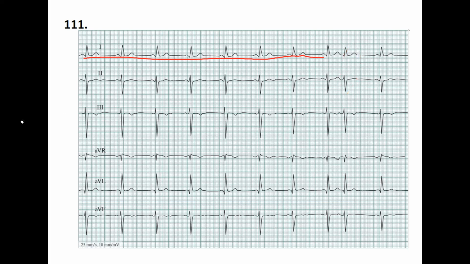Okay. Now, what is the heart rate? How many squares do you have? Let's see. 1, 2, 3, 4, 5. A little bit more than 5.